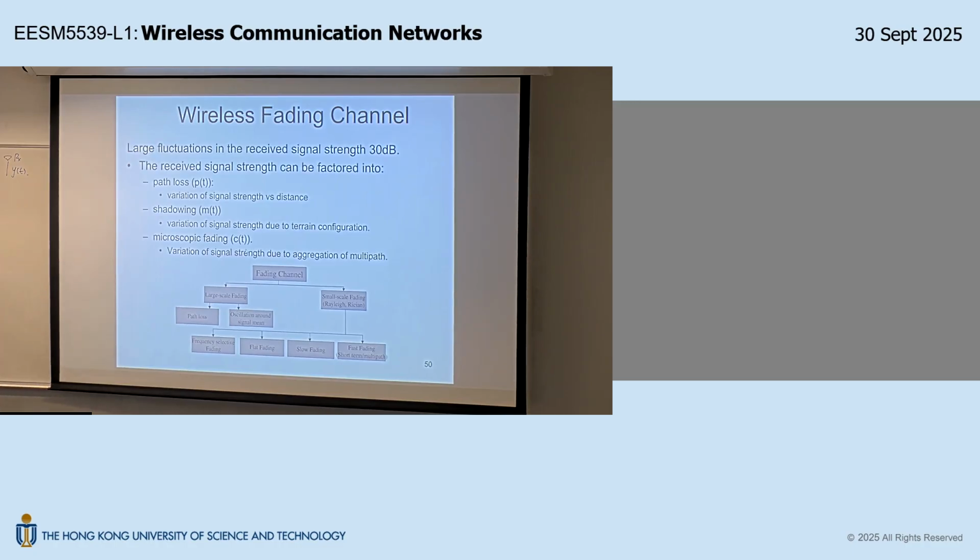So we would like to take a similar approach, a system approach. That means we want to model this thing as a black box, with a certain input and certain output. We want to do the same as how we model the coaxial cable.